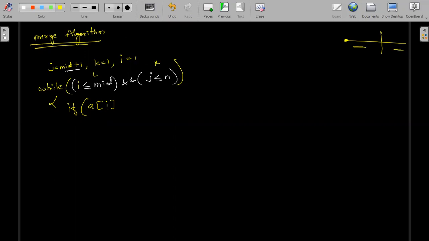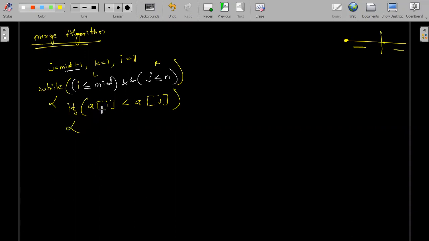Currently what is the I value? Right now the I value is 1. So A of I is 1. 1 is less than A of J. What is this? A of J is nothing but the mid plus 1 element, the J element I am talking about here. That is the if condition.